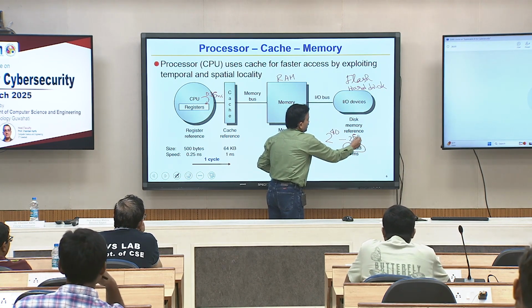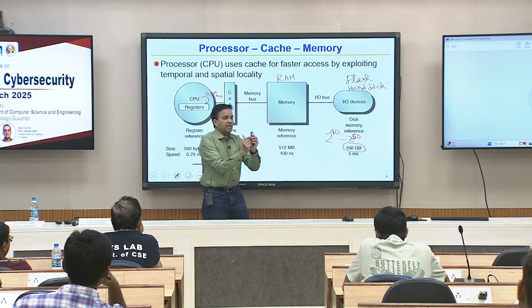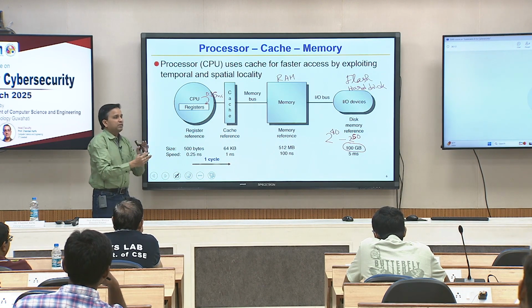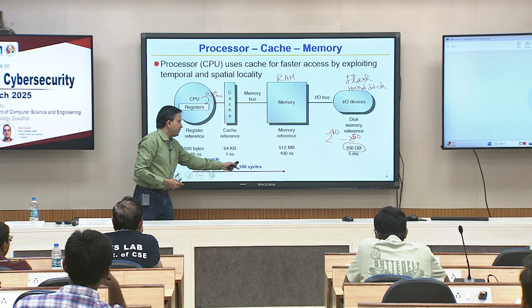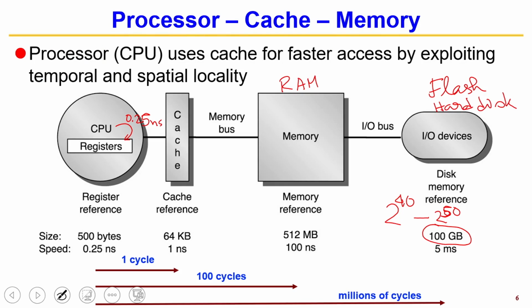You cannot accommodate that within a tiny area. That is why you have to keep it far, and the further you keep it, the longer the access time. How much longer? Main memory is typically 100 cycles in this example, because 100 nanoseconds, and this is about 5 million cycles, millions of cycles.